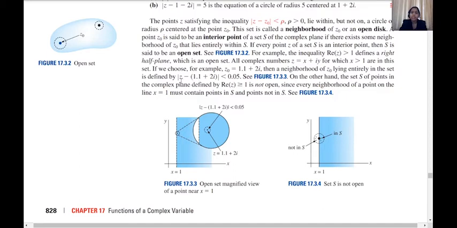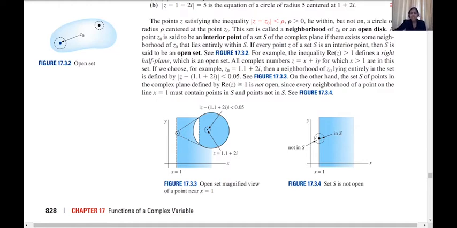That is, if we choose mod z minus z dot, where z dot is 1.1 plus 2i, less than 0.05, it is a very small region, so they have magnified it and shown you. This is the center z dot, 1.1 plus 2i, and this is a small neighborhood. This lies entirely inside this set, so that is clearly open.